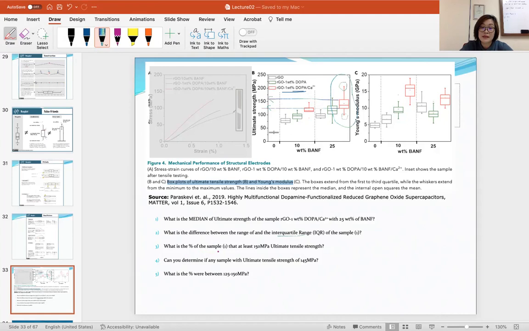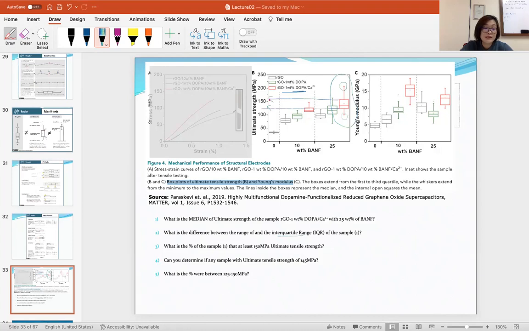What is the percentage of sample 1 that has at least 150 megapascal ultimate tensile strength? What is the percentage of samples located at the 150 megapascal ultimate strength?